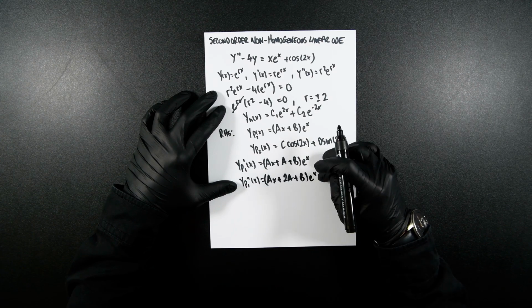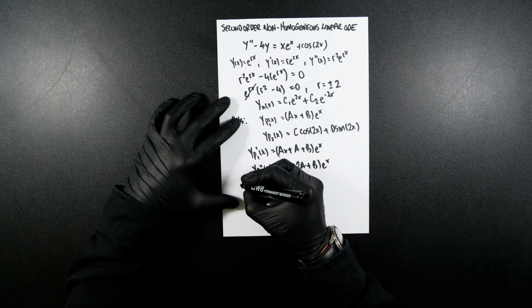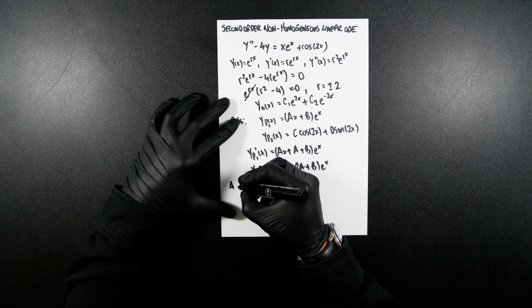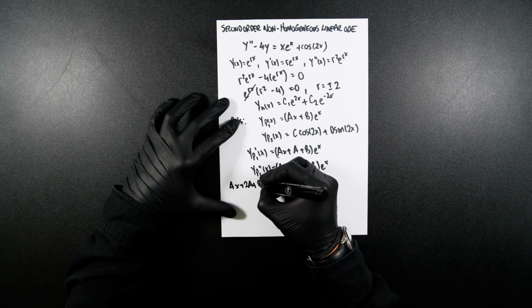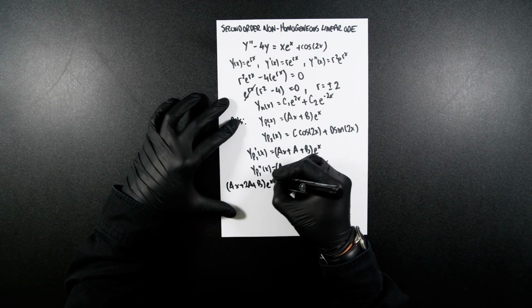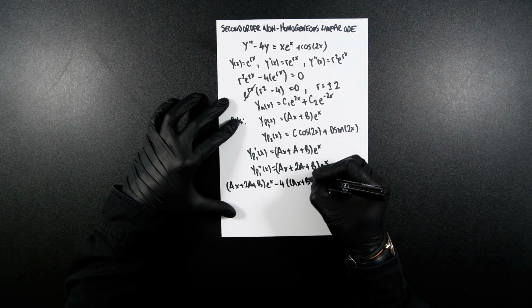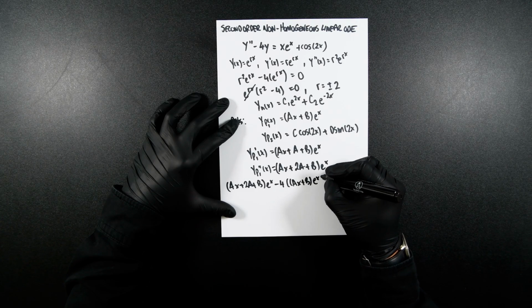And now we can plug this into the equation. So you're going to get (ax plus 2a plus b) e to the x minus 4 (ax plus b) e to the x.